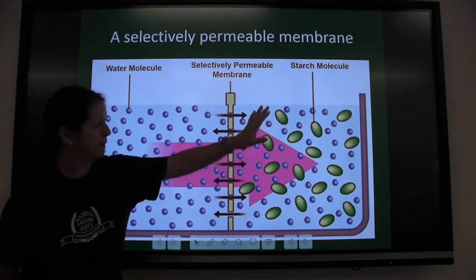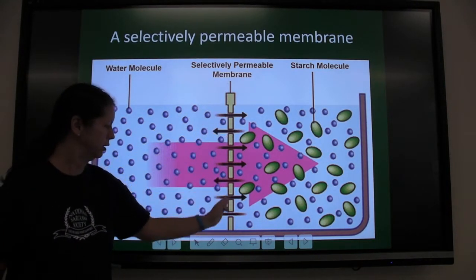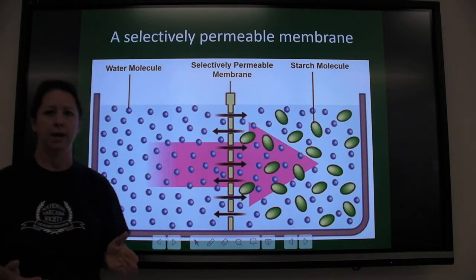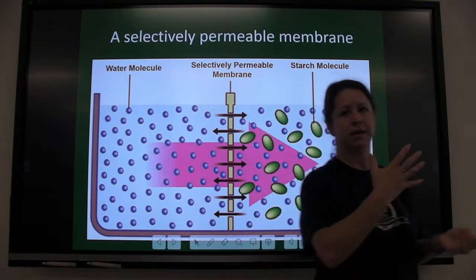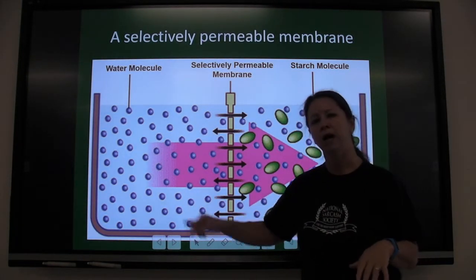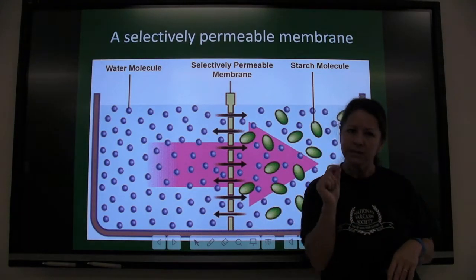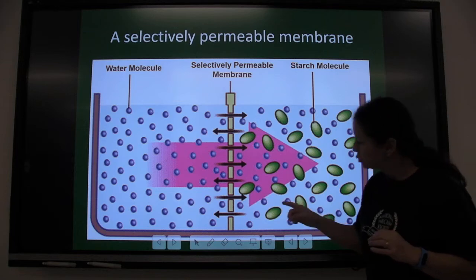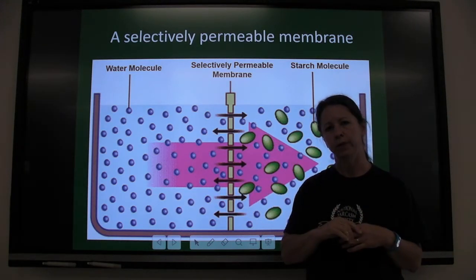What you're imagining here is that this is like a bowl of water, and right here in the middle, this yellow is a membrane. Now that membrane doesn't close stuff off. Some things can go through it and some things can't. What you're looking at is these little blue dots are water. Water molecules are actually really, really small, and so those water molecules can go back and forth through this membrane.